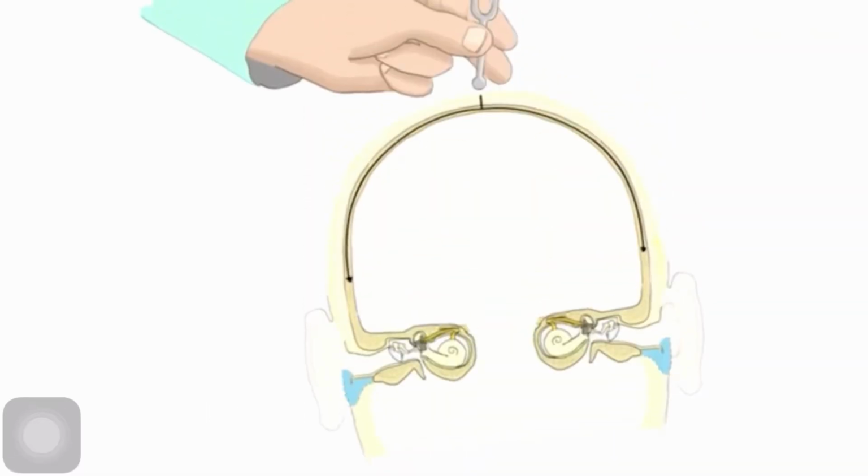So now after striking the tuning fork against the elbow, you place it on the vertex or the forehead in Weber's test. So through the bone, the vibrations go and reach the cochlea or the inner ear. And both the ears equally hear the vibrations.